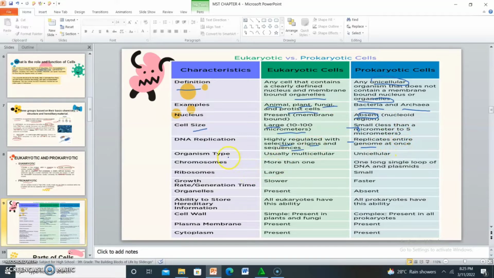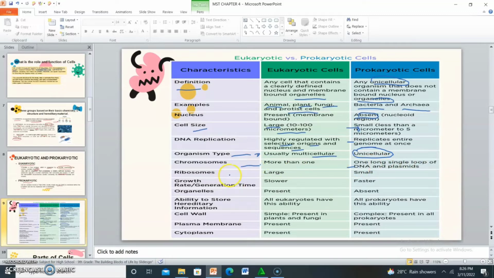In types of organisms, eukaryotic cells are usually multicellular, while prokaryotic cells are unicellular only. In chromosomes, eukaryotic cells have 2 or more chromosomes, while prokaryotic cells have one long single loop, with plasmids.